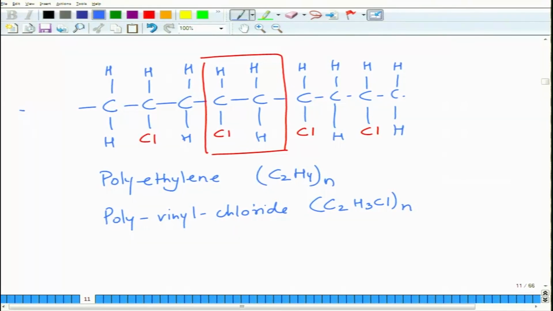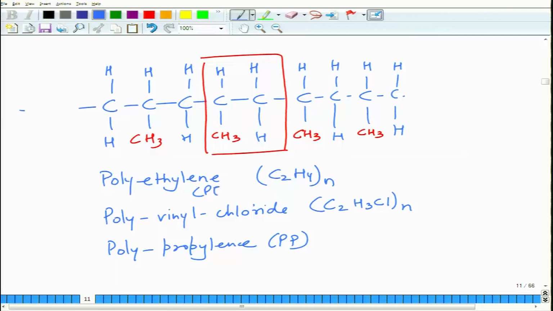Now, if I make another change here, so this is PVC, let us say instead of Cl I put CH3. Then it makes what we call polypropylene, which is commonly known as PP.